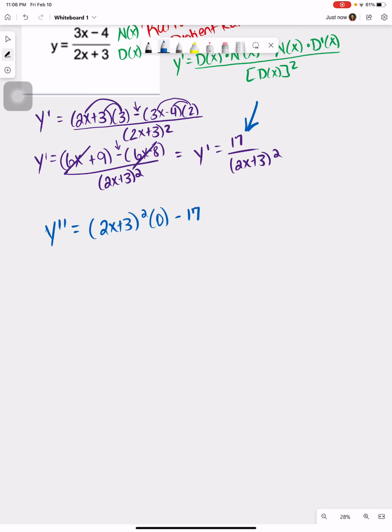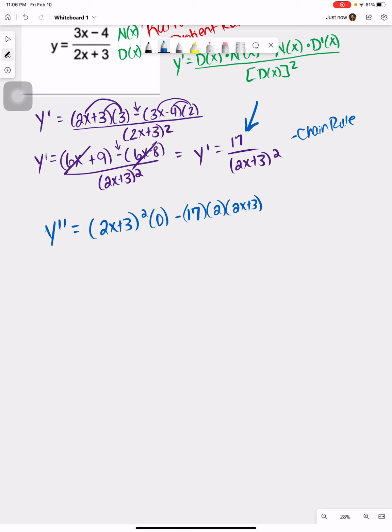Now, when I find the derivative of the bottom, I have to use my chain rule. That means I bring that 2 out front, and we leave the inside the same. If I subtract 1 from 2, that leaves me 1, so I don't have to write an exponent there.